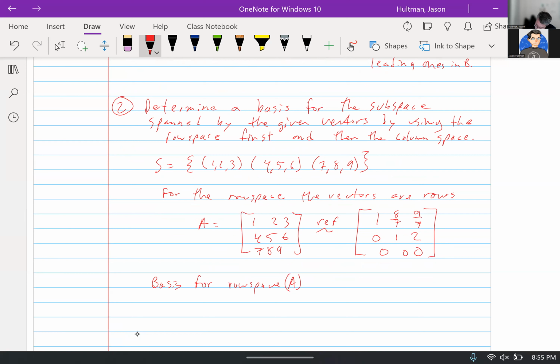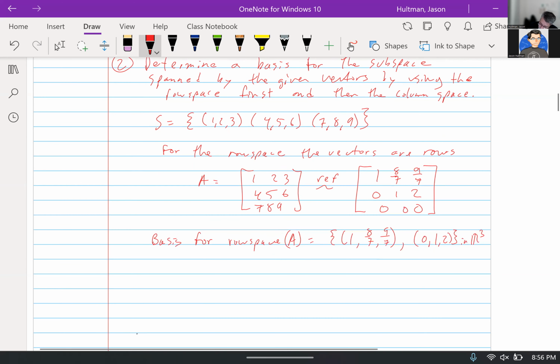A basis for the row space of A is equal to the rows that contain the leading ones. So this is going to be 1, 8 sevenths, 9 sevenths, and then 0, 1, 2, in R3.